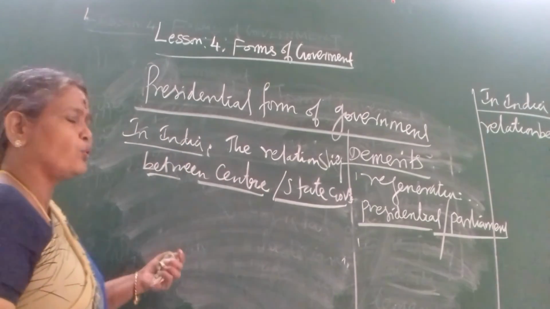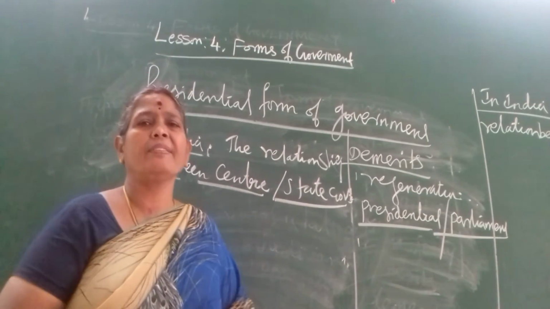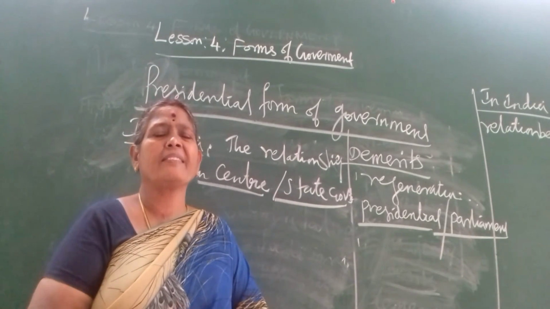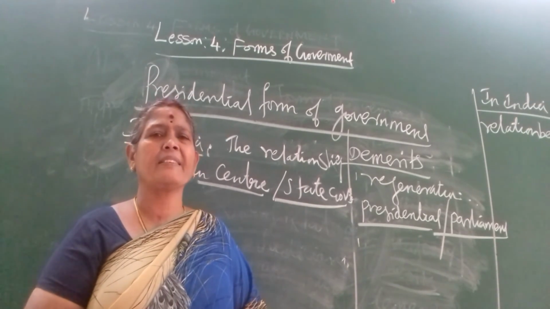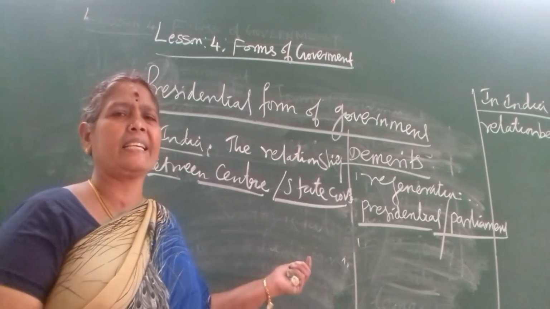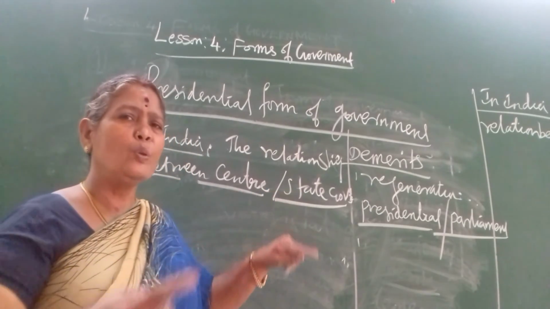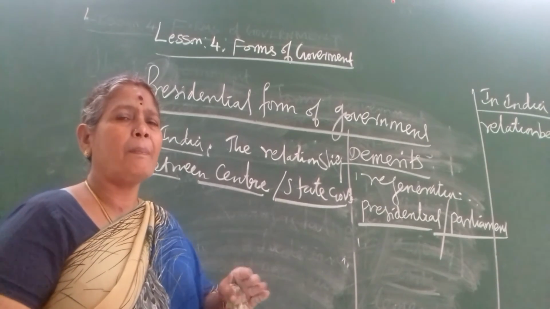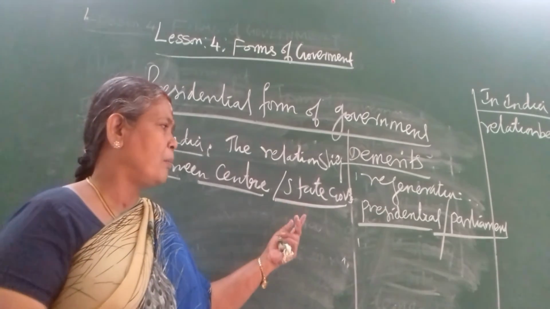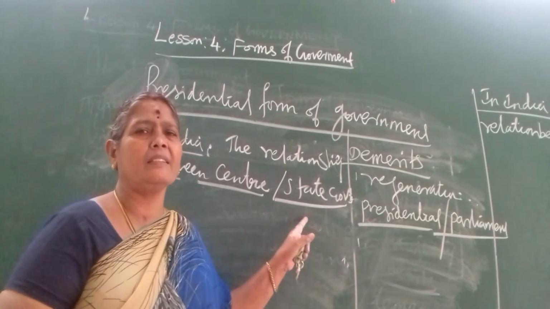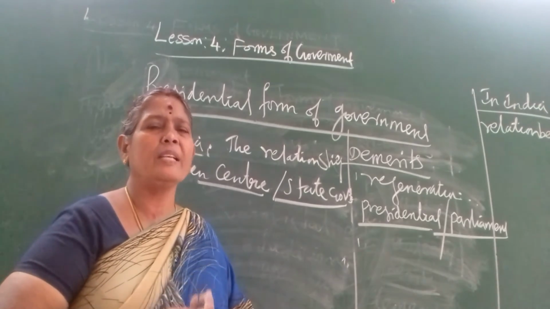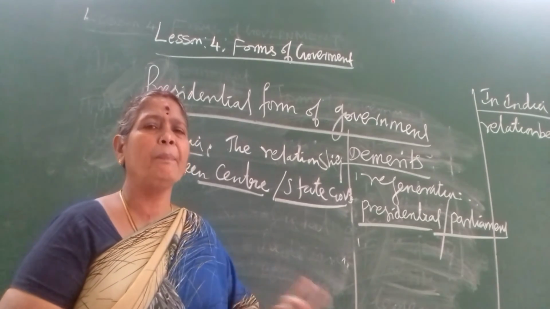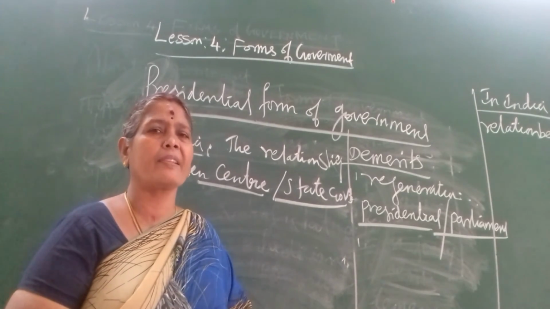India is usually called a union of states. Do you know how many states there are, children? 29 states and 7 union territories. So it is a union of states. That is why the power is always shared between the center and the states, to run a smooth, harmonious administration and implement policies and welfare schemes.